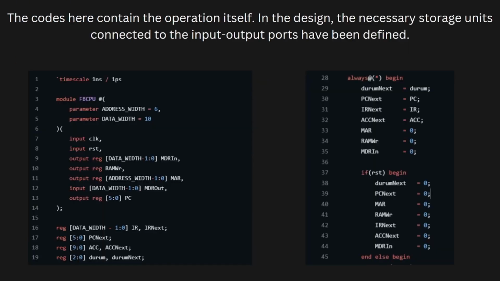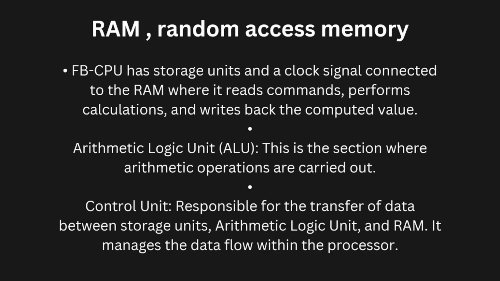And these codes here all contain operations, and in the design the necessary storage units connect to the input and output ports, and we define this code as follows. RAM is a random access memory. The FPU CPU has storage units and a clock signal connected to the RAM, where it reads commands, performs calculations, and writes back the computed value.